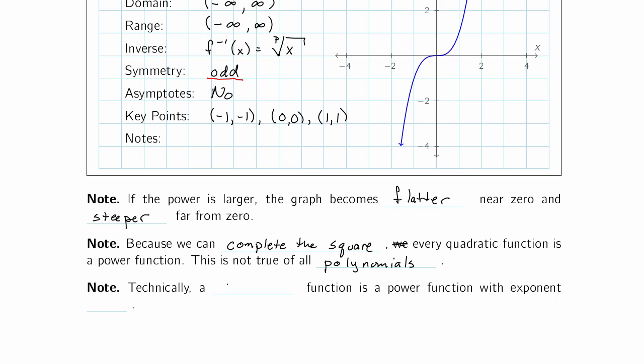The last thing to note is that, technically speaking, a linear function belongs to the family of power functions with exponent 1. It has all of the properties that we've discussed so far of an odd power function. But it doesn't do that swoopy S-shaped curve thing that most of the odd power functions do, so we usually don't think of it as a member of the family, even though it technically is.